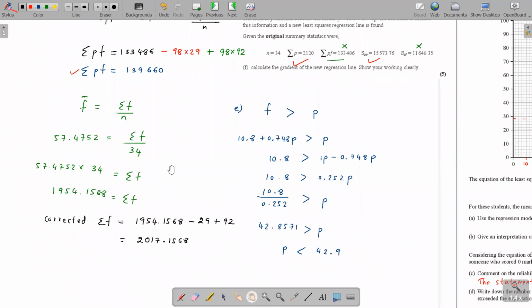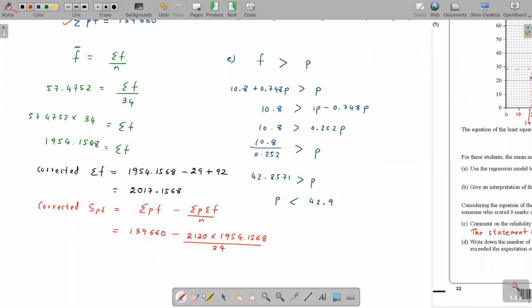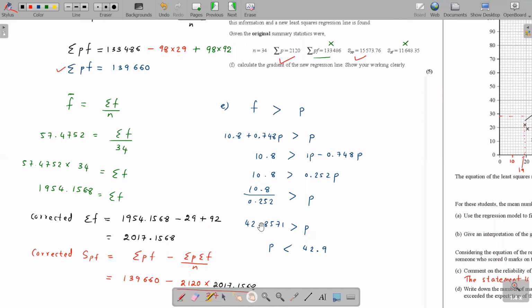Now can't you find SPF, the corrected SPF? The corrected SPF is sigma PF minus sigma P sigma F over N. Sigma PF we found is 139,660, minus sigma P, which didn't change, 2120, into the corrected sigma F, 2017.1568, over N, which is 34. Yes, we used the corrected sigma F value and also the corrected sigma PF.